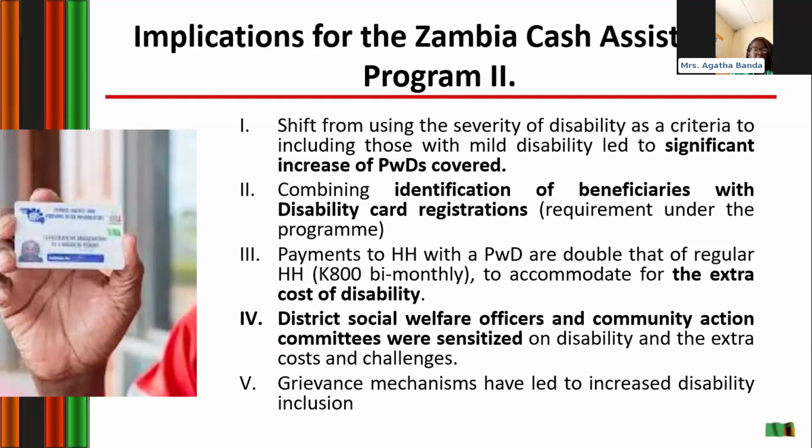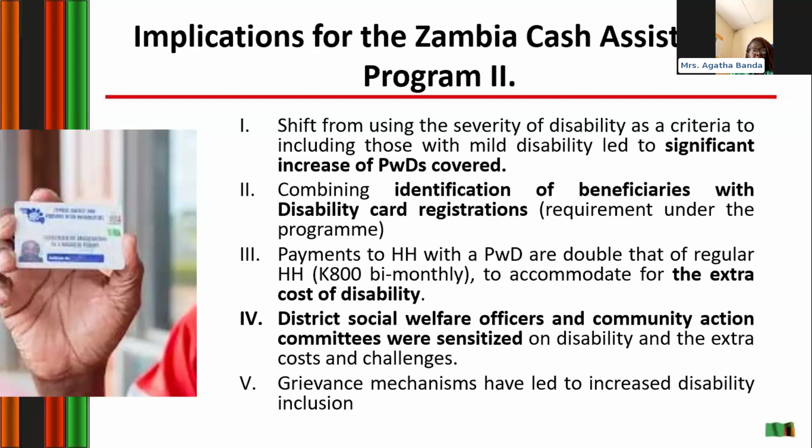Then in terms of the payment amounts, persons with disabilities on the program receive double the amount compared to those without disabilities. In kwacha equivalent, it is about 800 kwacha. This amount is paid bi-monthly. And then there are different payment methods.